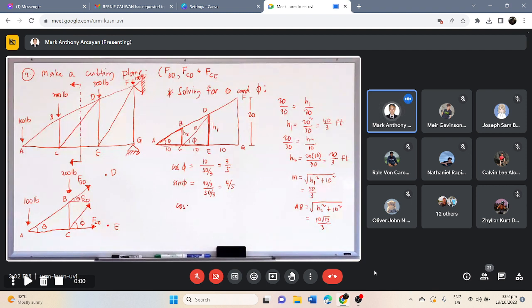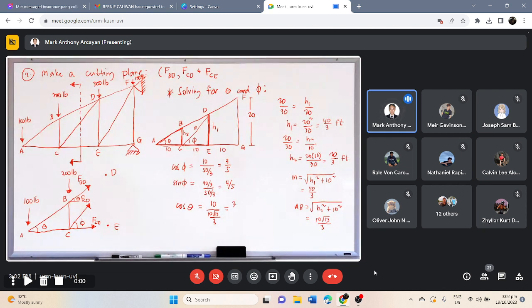Then for theta, cosine theta is equal to the adjacent, 10, over 10 square root of 13 over 3.